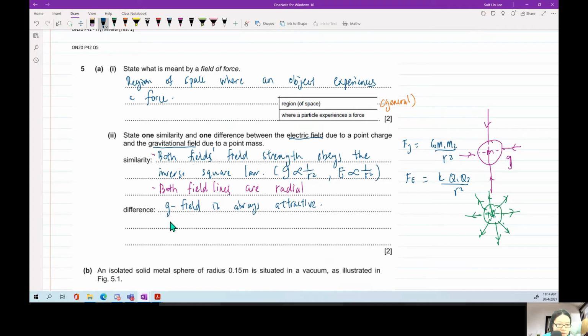And then the electric field direction can be towards or away from the charge.